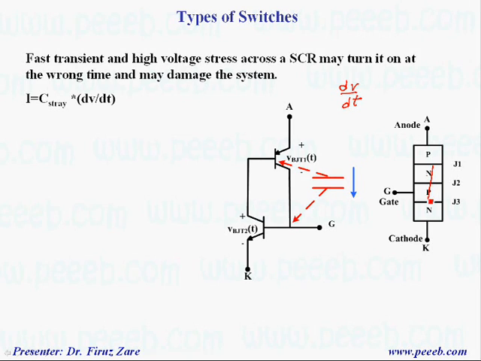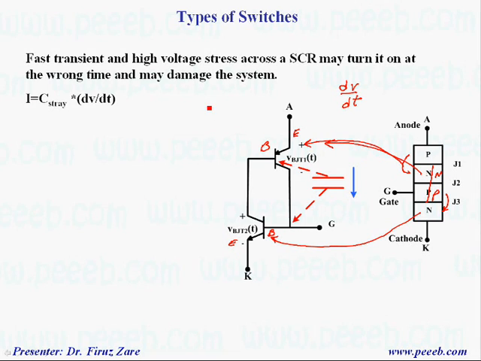If we split these junctions, these layers, then this corresponds to the PNP transistor, and this NPN corresponds to this transistor. Here we have base and emitter in this BJT, and here we have emitter and base, which is basically this junction.